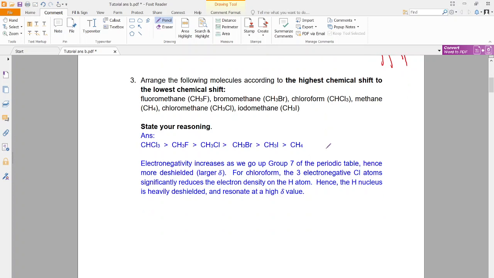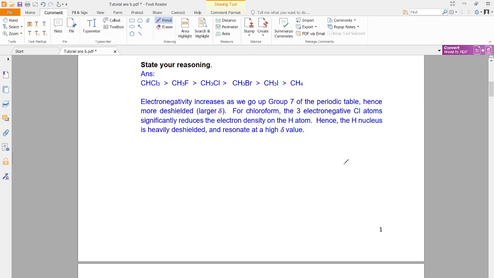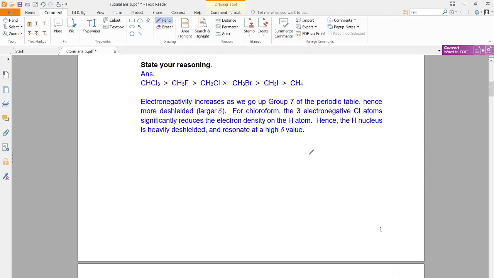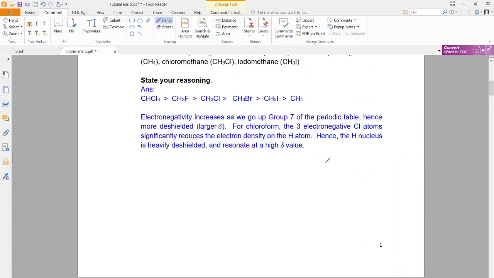And so you know that the electronegativity increases as we go up group 7, okay, so it increases. You see that chlorine has a very high electronegativity compared to bromine and iodine. Electronegativity increases as we go up, hence it will be more deshielded, okay.